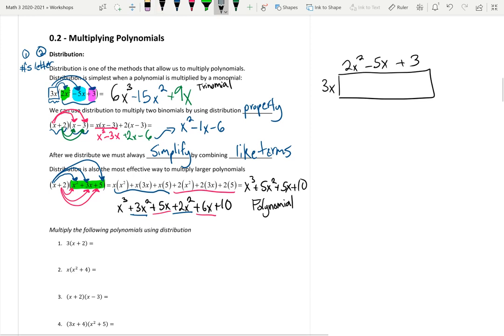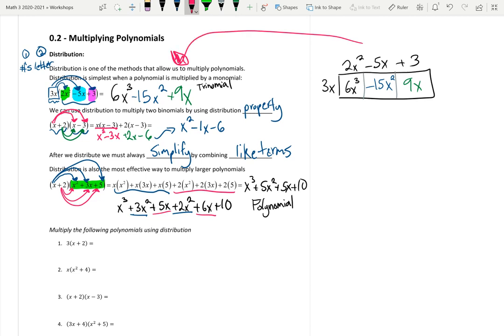Notice how many terms there are on the top: 1, 2, 3. So I have 3 boxes to write the areas in. What is 3 times 2x squared? 6x cubed. Likewise, I keep on multiplying, and you notice I get the same exact answer as I did here.